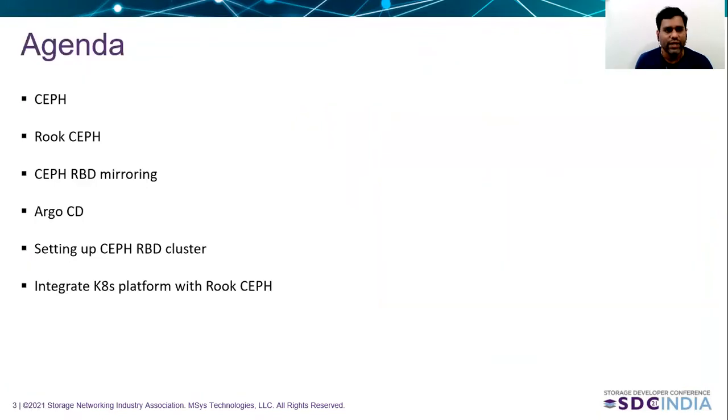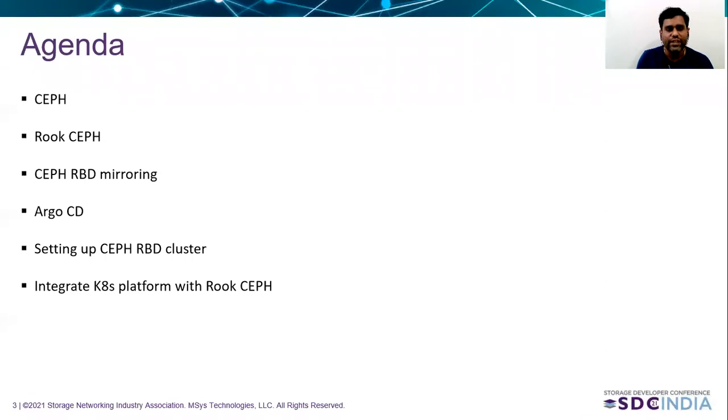Okay, now let's see the agenda of our session. First, we are going to see about Ceph, the Ceph architecture and the components of Ceph. Then the Ceph algorithm. Then we are going to see about Rook Ceph and its components.